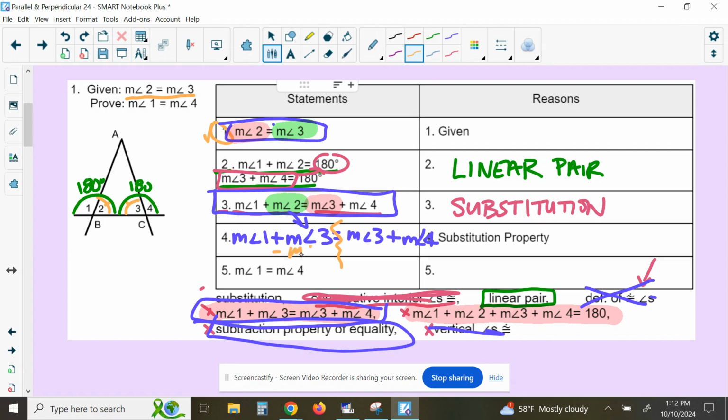Minus the measure of angle 3 and minus the measure of angle 3. That's subtraction property of equality. And what will you end up with? Measure angle 1 equals measure angle 4. Which is what they did. So they did do subtraction property of equality. And this was one of the easier ones, for the record.